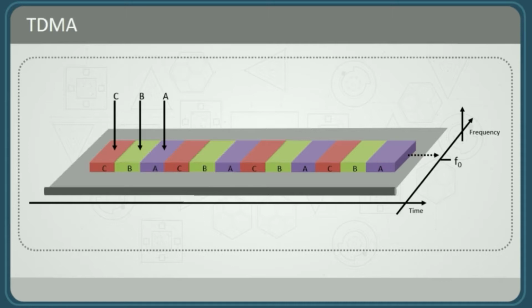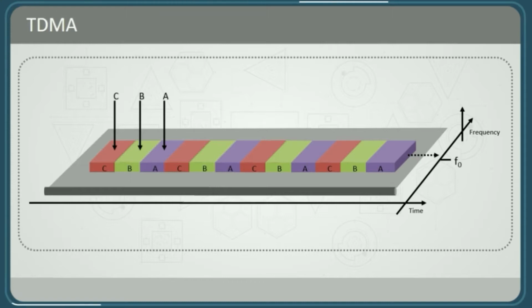So when I'm communicating, I use time slot A. When you are communicating, you use time slot B, and someone else uses C, and we only pay attention, if you will, to the data in our specific time slots. So I don't hear your conversation, you don't hear mine, because of the difference in the time slots.